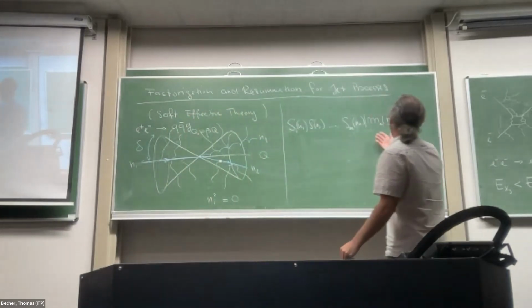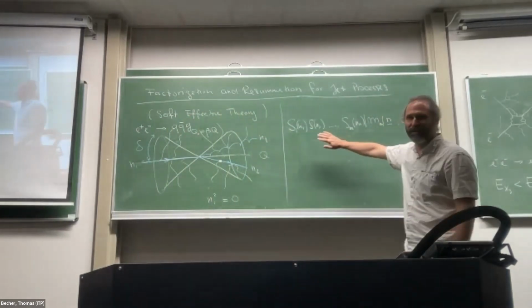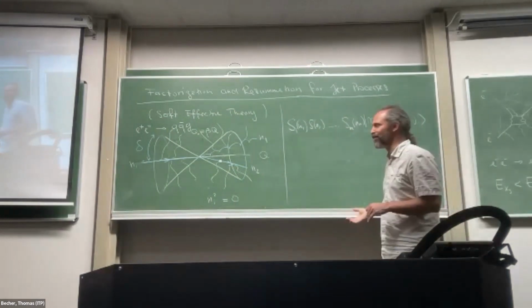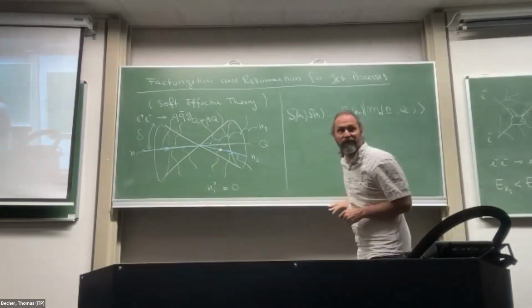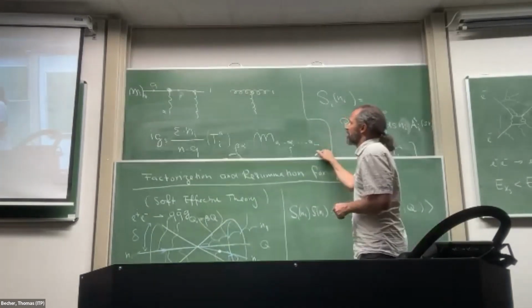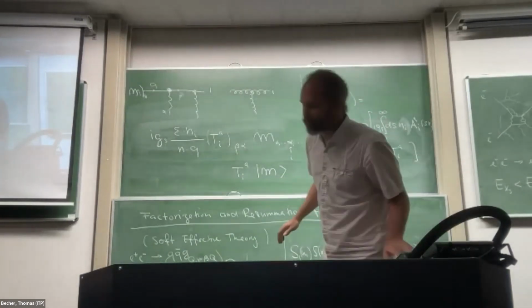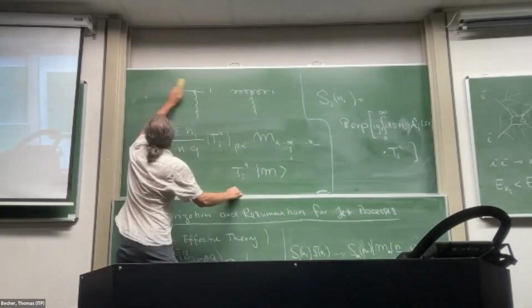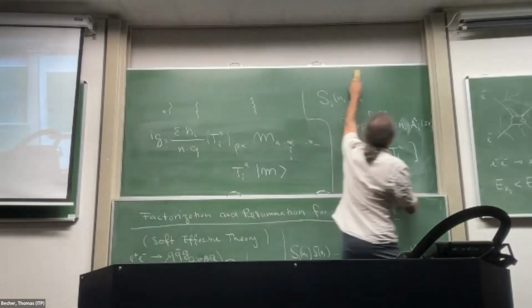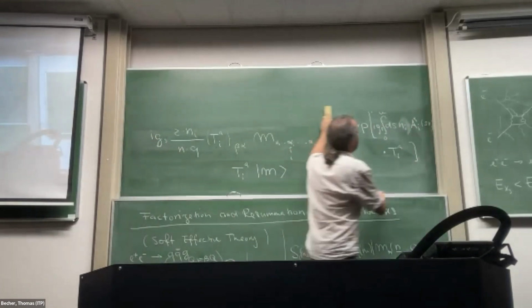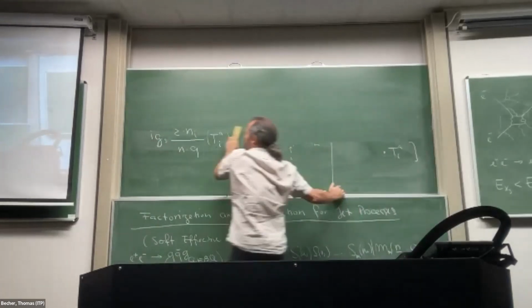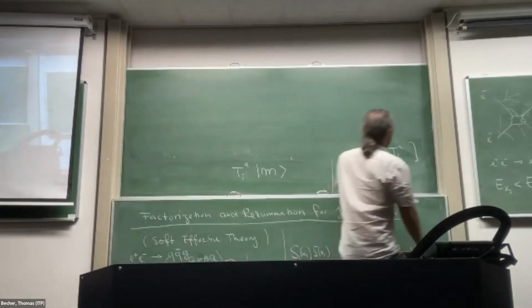Of course, at the moment nothing depends on this, but now I want to write the cross section. So to write the cross section, I will take my factorized amplitude and square it and add the phase space constraints.